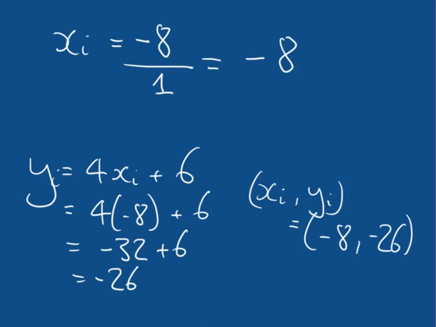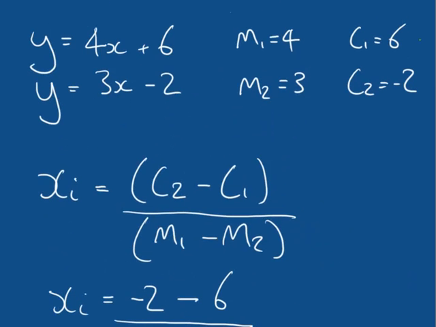And we can actually check this by using our other line equation, because we know for the point of intersection, the same x-coordinate, that x-coordinate of minus 8, should give us the same y-coordinate. So let's check that. Y is equal to 3x minus 2.